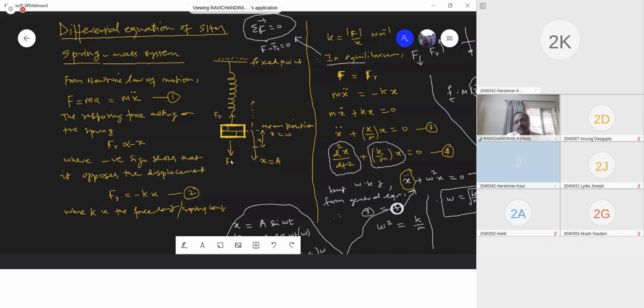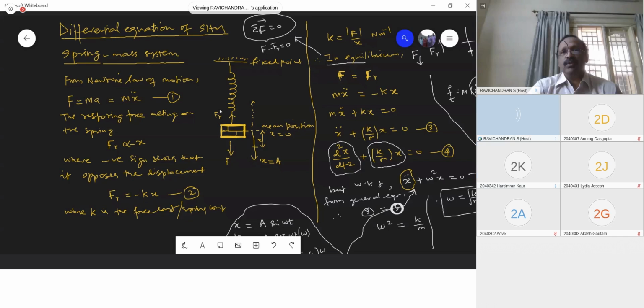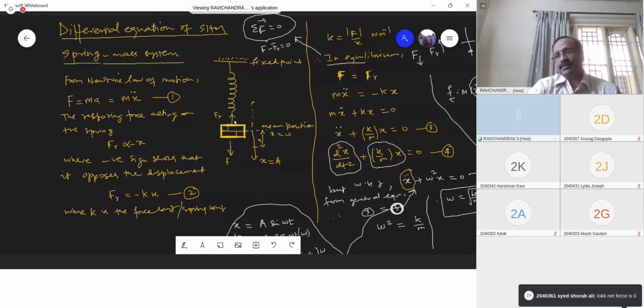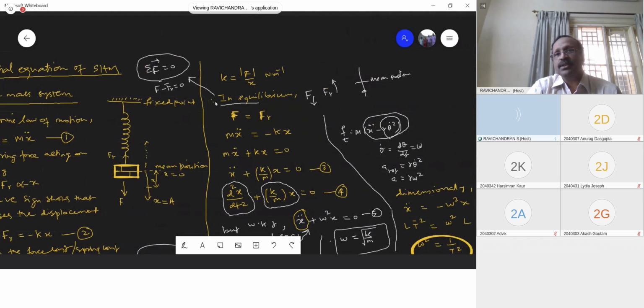If this force, according to you, is greater than this one, it will go on, it will never come back. Yes or no? So there is an opposite force given by the spring, which is trying to pull towards this. Correct? So if the word equilibrium disturbs you, you can write at any instant. That is fine.